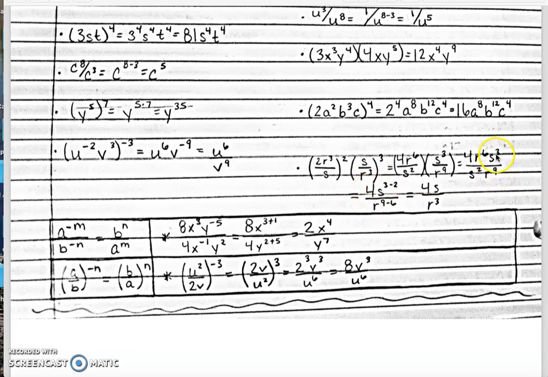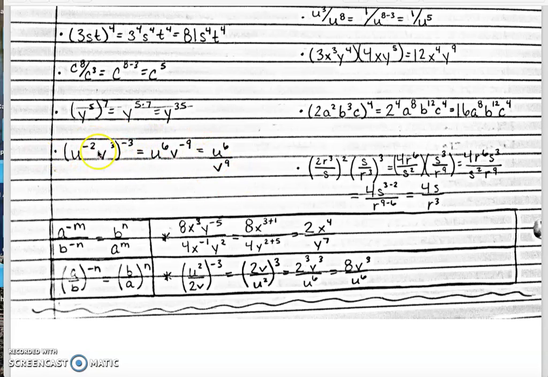But then I have an s cubed and an s squared. Cubed is bigger, so I move the s squared up and I get s to the power of 3 minus 2, which is 1. And then I have r to the 6 and r to the 9. 9 is bigger, so I move the 6 down and subtract it. r to the 9 minus 6 is r cubed. And that gives me my final answer there.